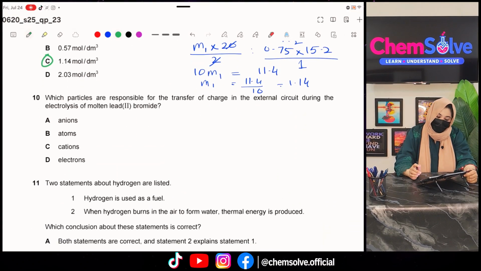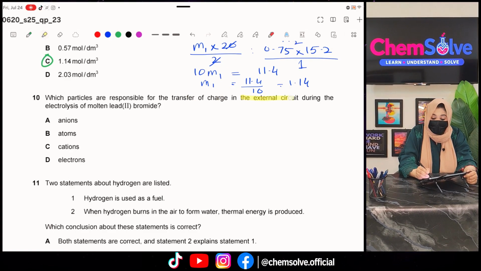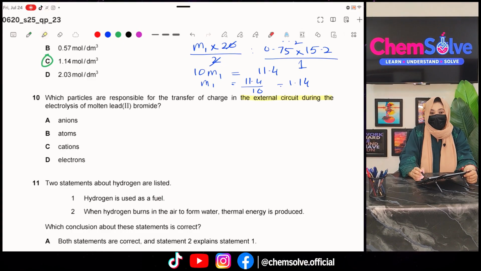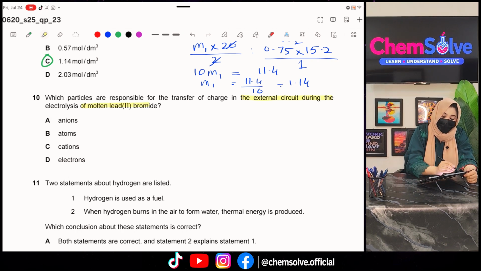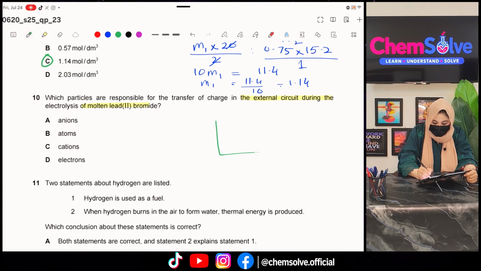So, question number 10. Which particles are responsible for the transfer of the charges in the external circuit? And the external circuit in the electrolysis is the battery. Okay. So, electrolysis of the molten lead bromide. Whenever we perform electrolysis, we have our electrolytic cell, then we have our electrodes.